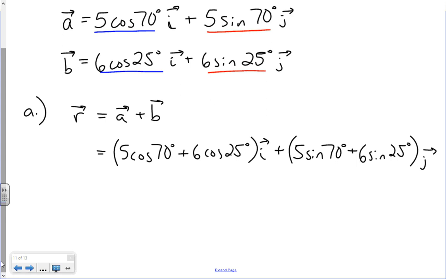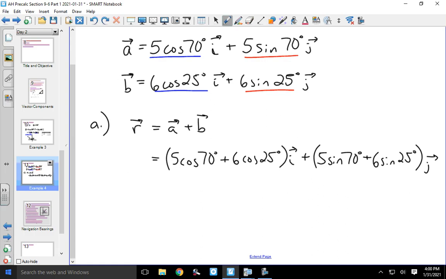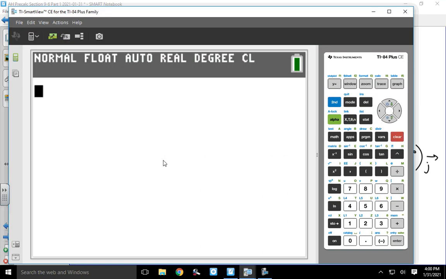And let's go ahead and plug that into our calculator and see what we end up with for the individual components of these two parts here. So let me just clear off the screen. I don't need that calculation there anymore. All right, so sum those up. We've got the 5 cosine of 70 degrees plus the 6 cosine of 25 degrees. And I'm going to need these calculations a little bit later on. So I'm going to go ahead and just store this as x.